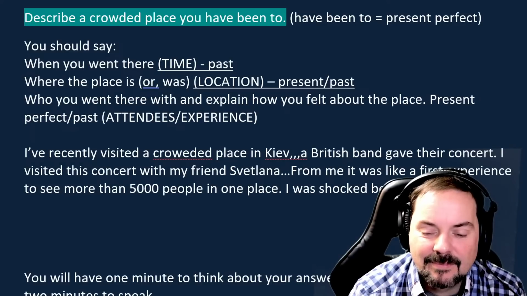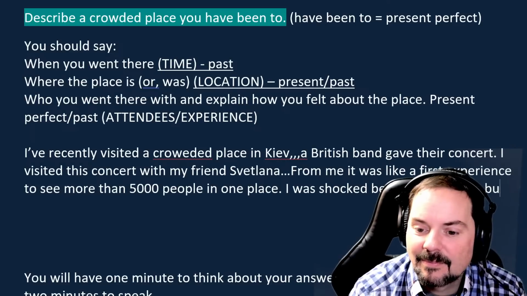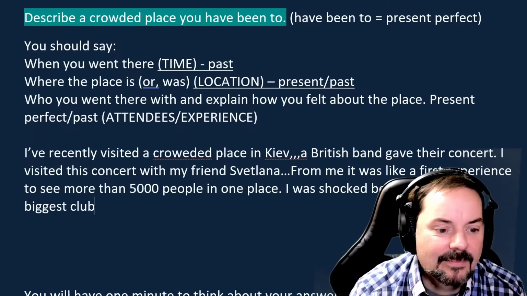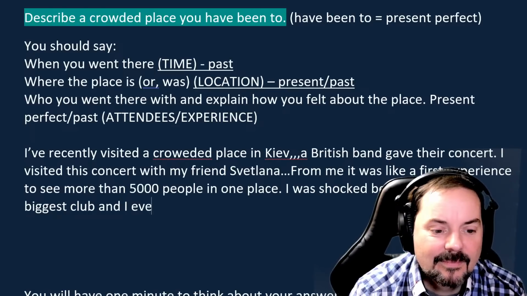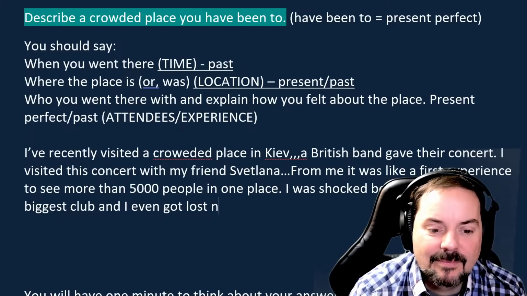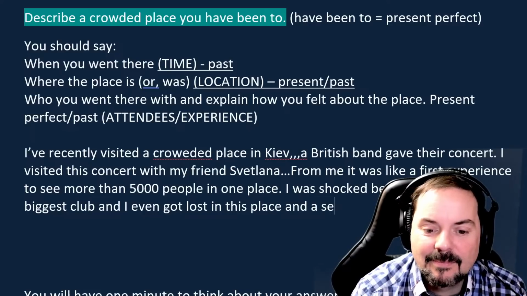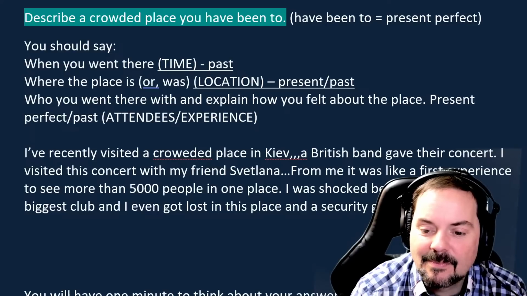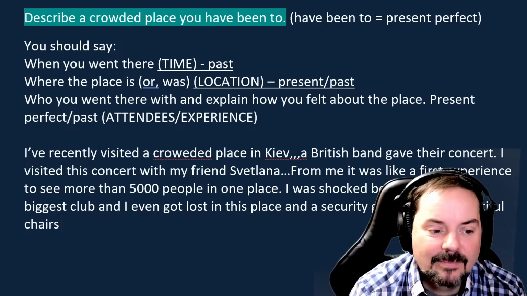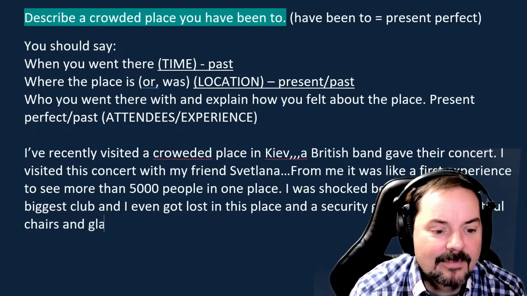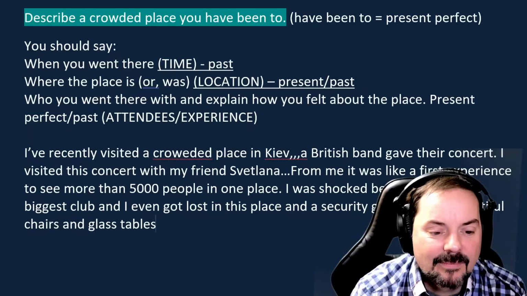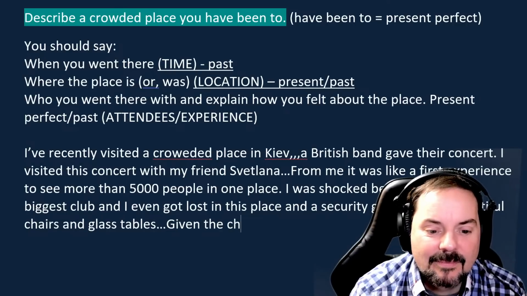Not only does this club have beautiful soft chairs, but it also has tables which were made of glass, and I was affected by how beautiful the interior was in this club. Given the chance, I would go back to this nightclub because I like the security policy and how this event was organized.